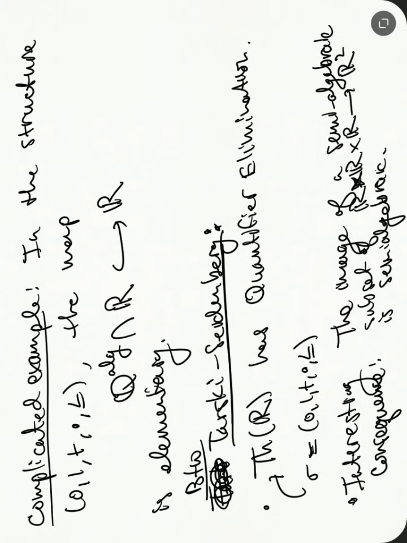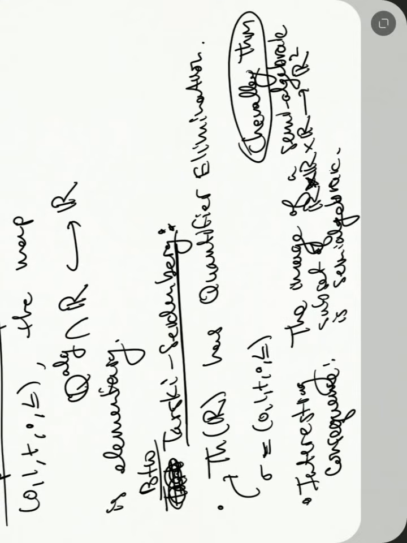So if you take a semi-algebraic subset of R3 and project it down to R2, it'll remain semi-algebraic. This is kind of like a Chevalley theorem. It says that the image of a constructible set in algebraic geometry is constructible. Okay, so that's all I wanted to say about this.